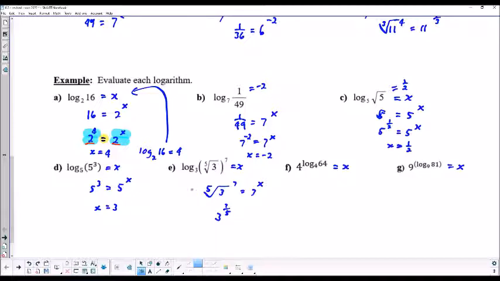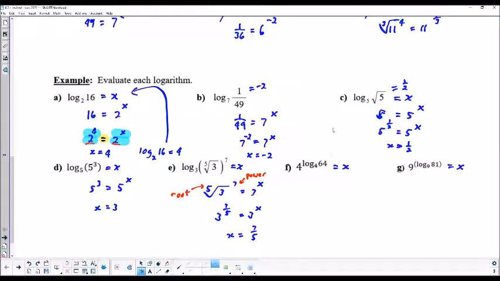Because we know that this is the root, and that's in the denominator of a rational exponent, and that's the power. Therefore, we've got 3 to the power 7 over 5. That equals 3 to the power x. Therefore, x has to equal 7 over 5.